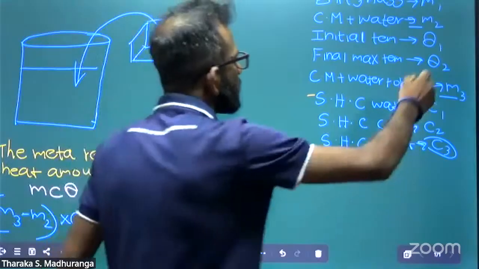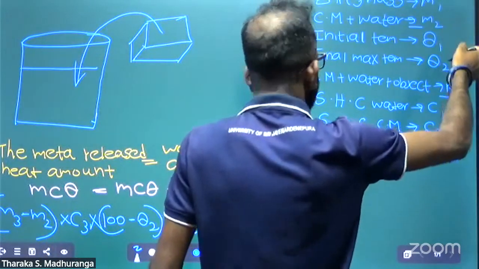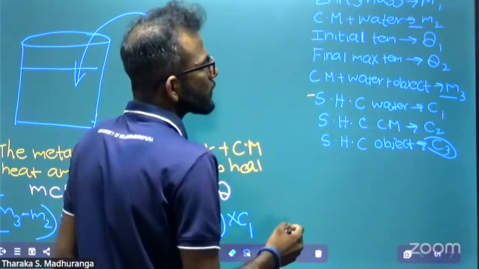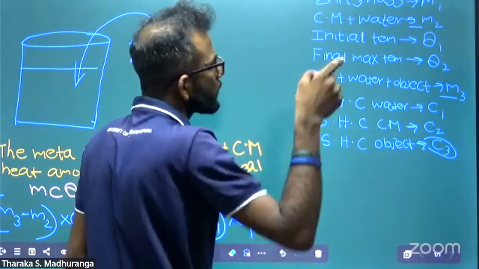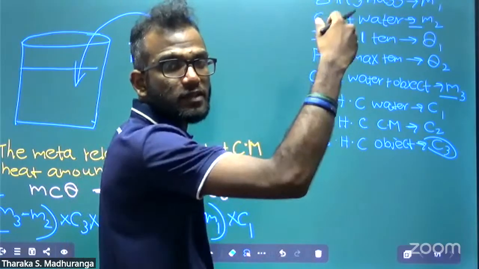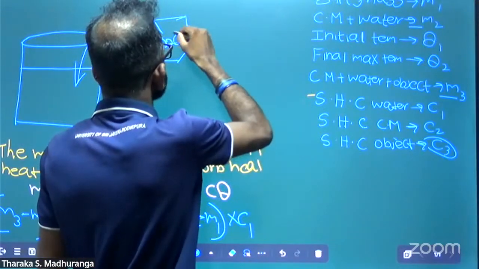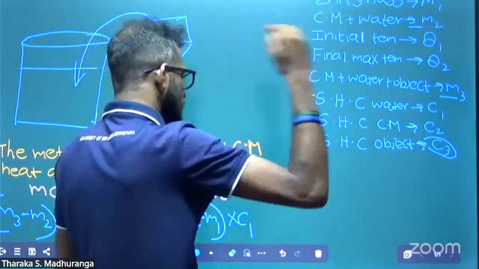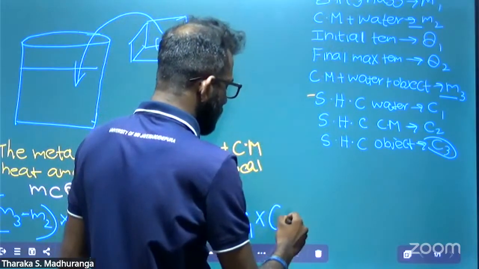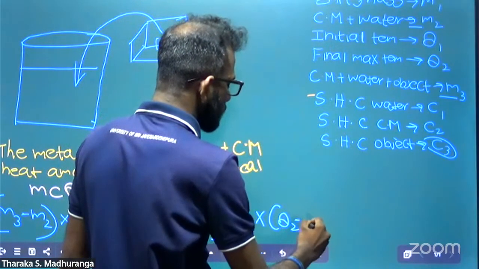Yes, for the initial temperature of water theta 1, theta 2 is greater than theta 1, because the water temperature is increasing, since the metal is at 100 Celsius. Therefore the water temperature increases, so it is theta 2 minus theta 1.